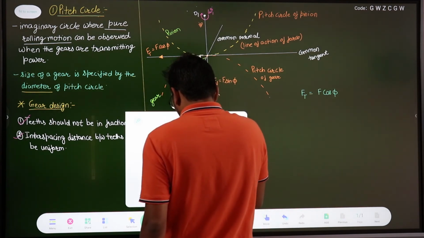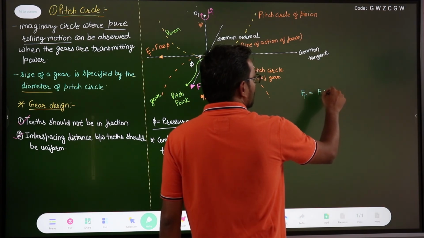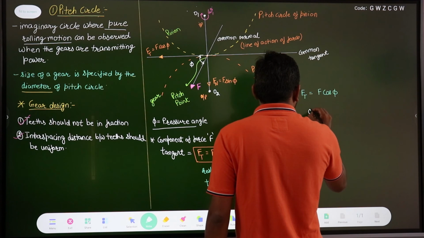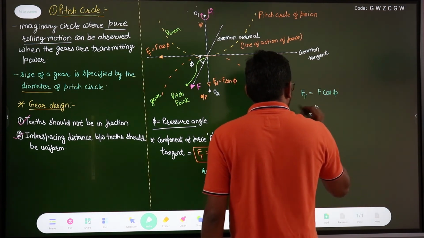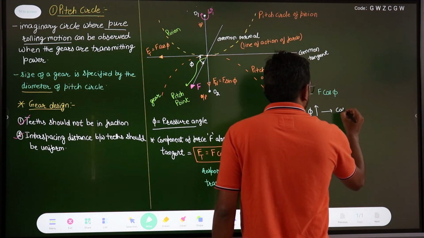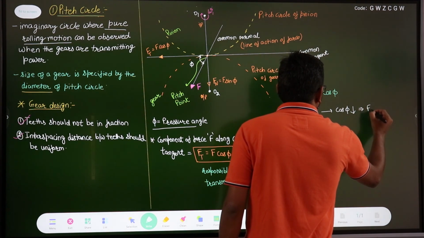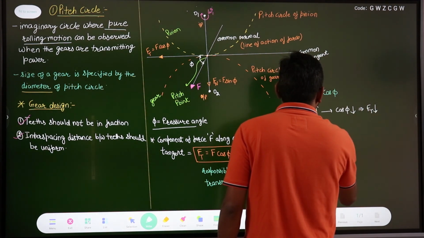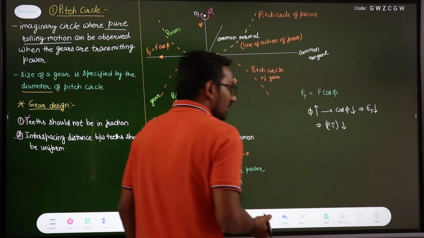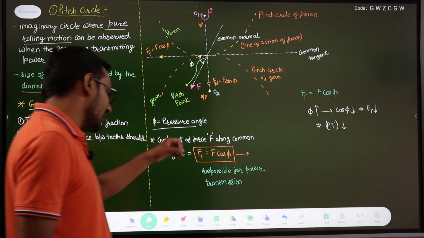If the pressure angle increases, then cos phi decreases. That means the tangential force decreases, and that means power transmission decreases. So we cannot increase the pressure angle beyond a certain level.